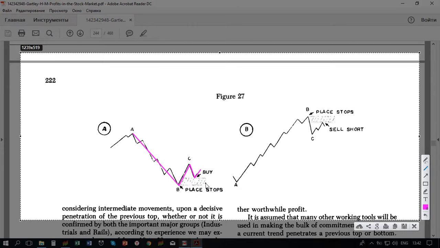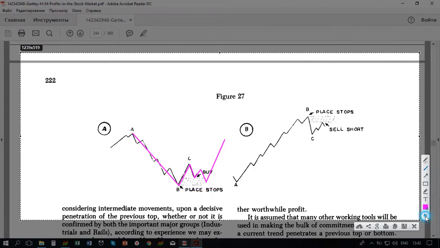And if price retraces back to this rectangle, the potential reversal zone, then you have a good opportunity to enter. Gartley himself describes this situation as a good opportunity to buy a double bottom, very, very close to this low, very close to the lows. Gartley himself says that it is a double bottom.